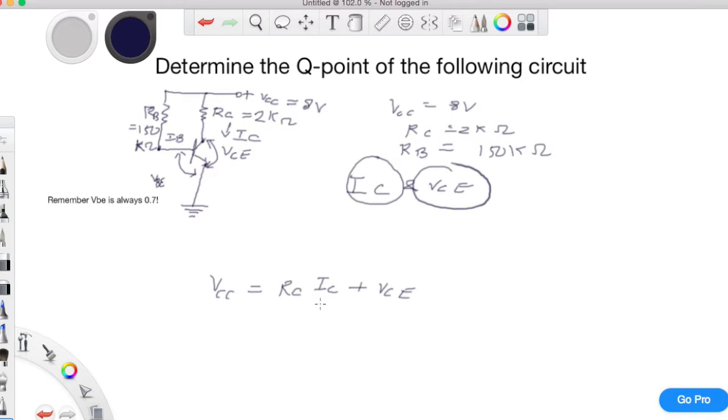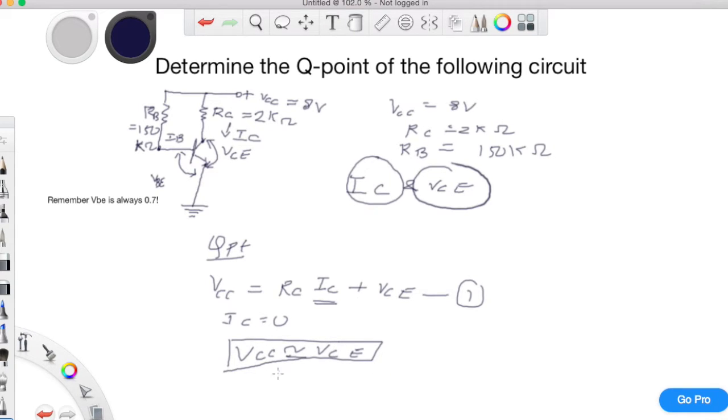And to find the Q point, we need to put your IC equal to 0 in equation 1. So your VCC will be equal to your VCE. So VCE will be equal to 8 volts.